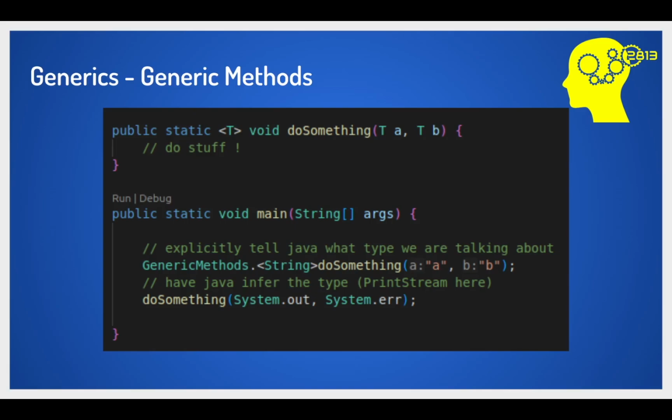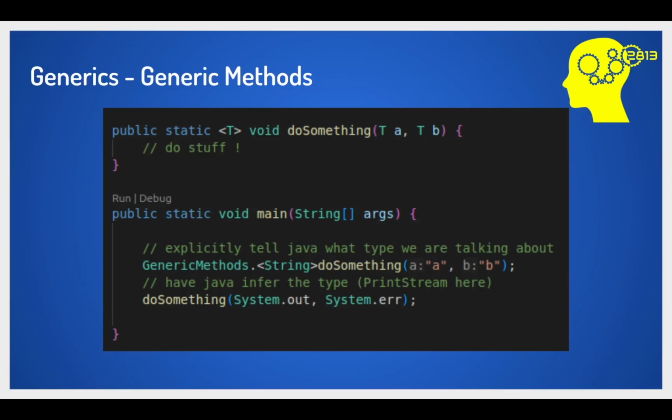In this case, we have a generic argument, which is this left angle bracket, this right angle bracket, and then this T. This T right here is a generic argument, and that can be any class type. So you can't use this with primitive types.